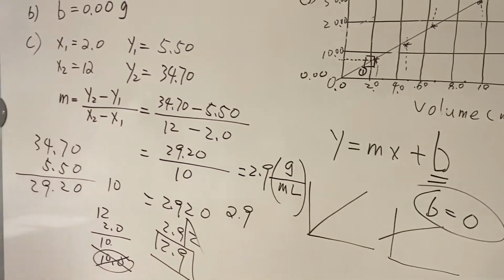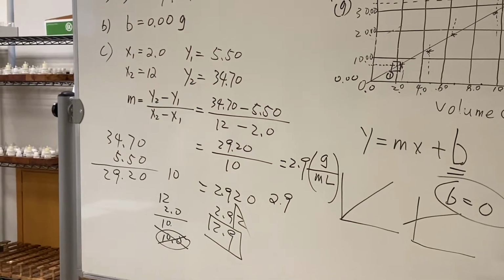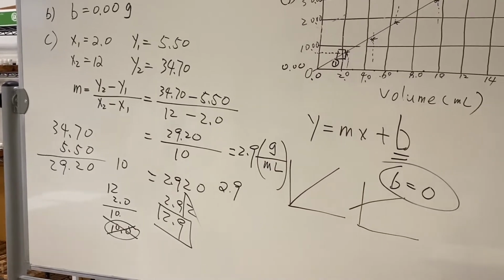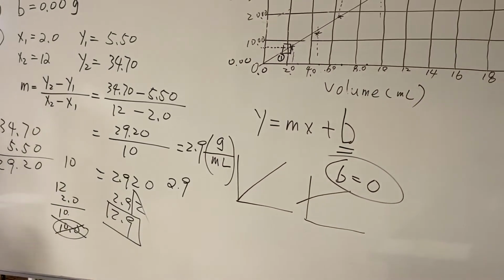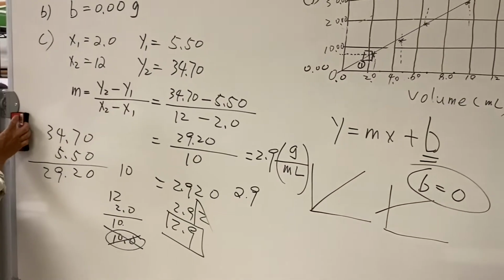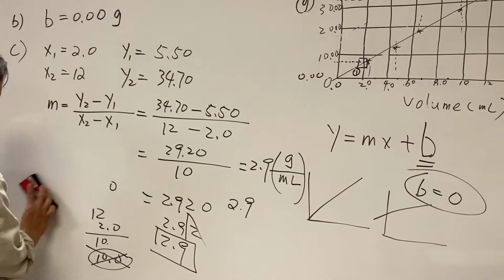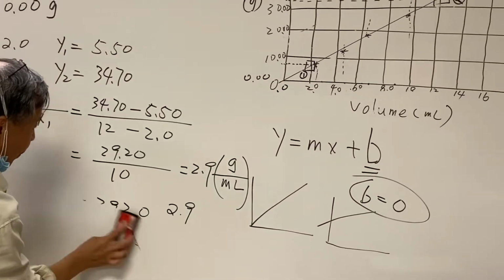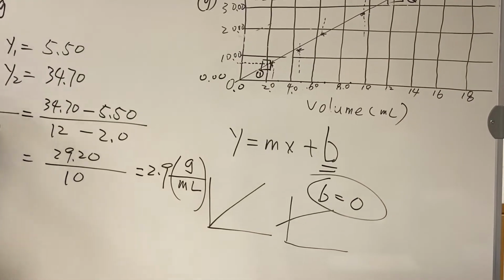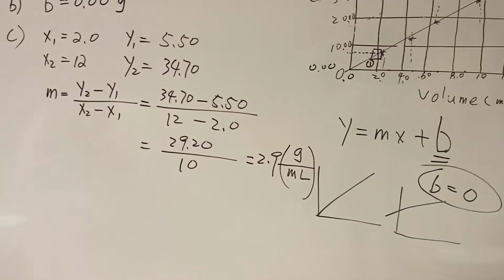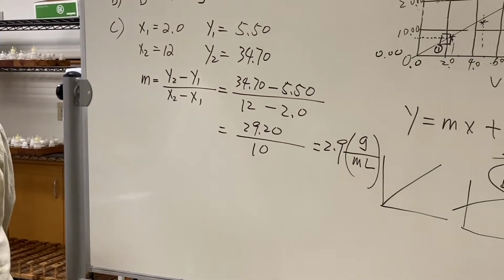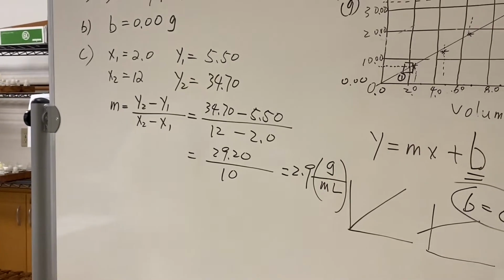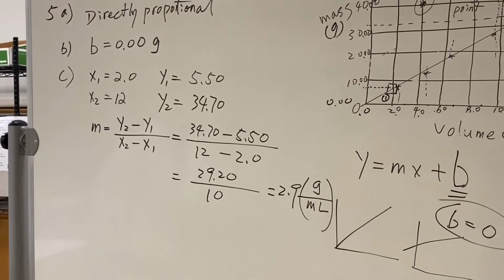Now we have our final result for this. This is the calculation you needed to have in order to answer the following question. Write a specific equation for our graph.